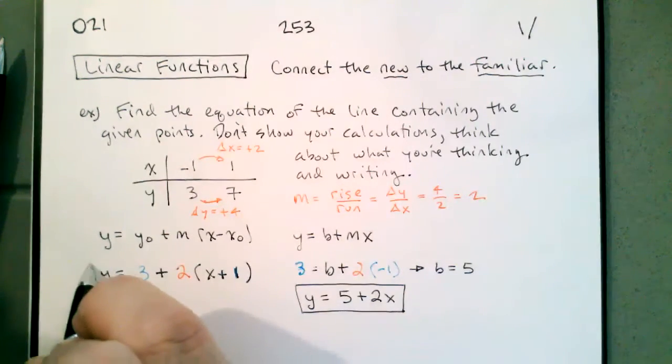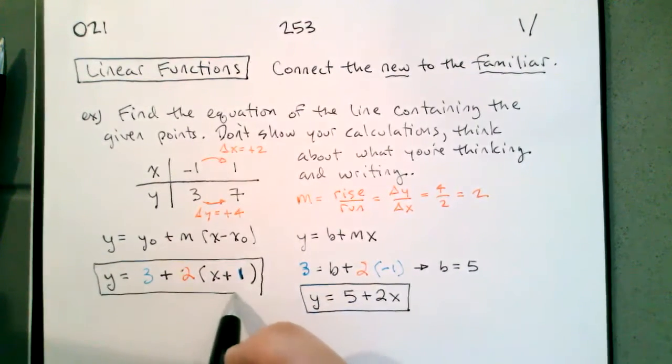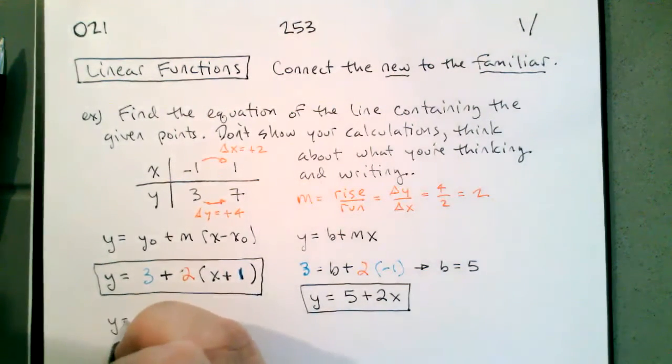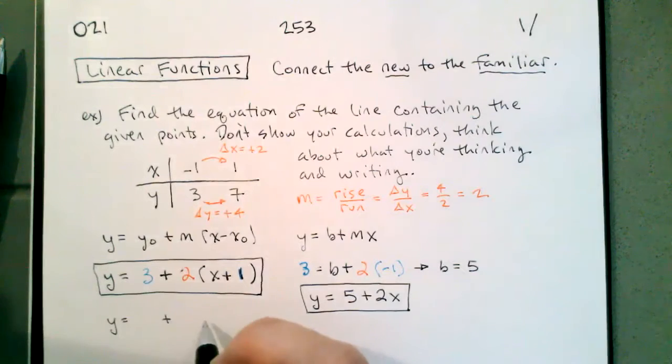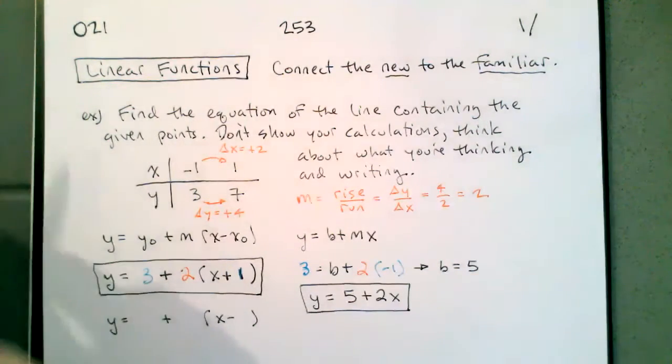There's nothing in particular that's special about the point -1, 3. It's just the first point that I wrote down. But I could have just as easily used the point 1, 7 and written y is equal to 7 plus 2 times x minus a regular 1.